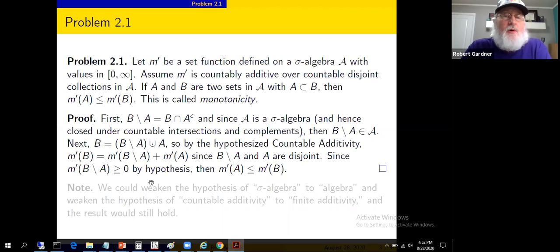So I know the M prime value of B set minus A is greater than or equal to 0. The M prime values were non-negative. In other words, I'm using greater than or equal to in a somewhat new way, allowing that value maybe to be infinite.